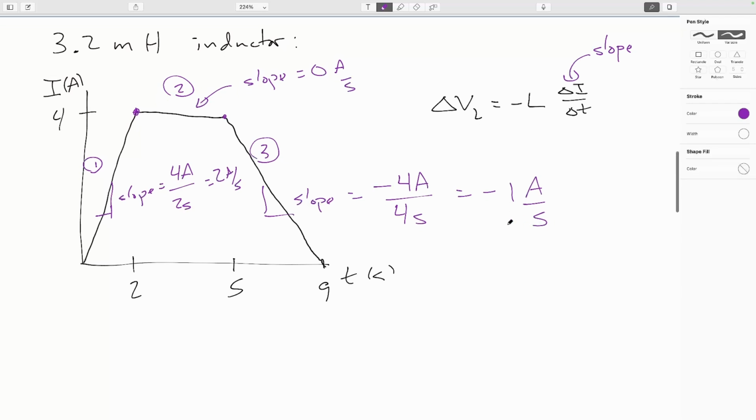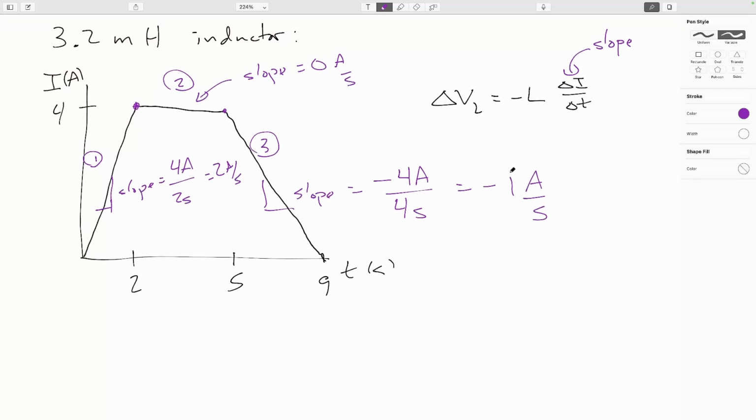Okay. So that means that the voltage across the inductor in segment number 1 will be equal to minus L, don't forget that minus sign, times the time rate of change of the current. So this will be minus, I'm just going to leave it as millihenries, why not? 3.2 millihenries times 2 amps per second.